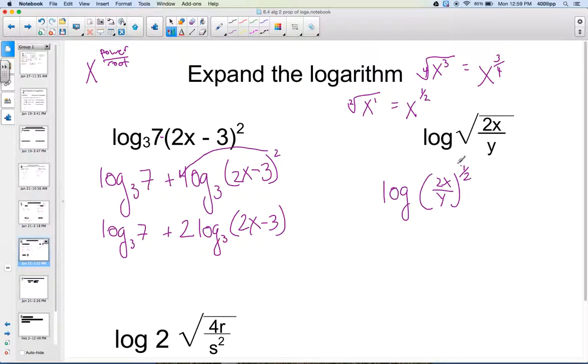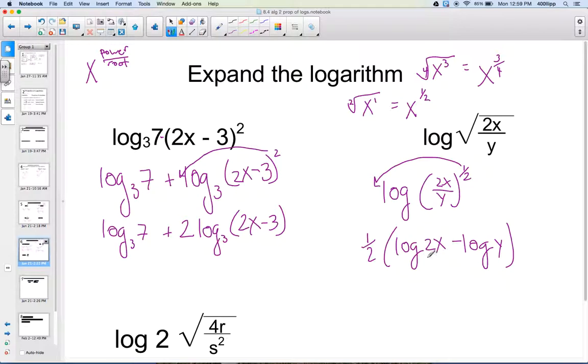So now we can bring this half to the front, and we'll have to put it in parentheses because everything is to the 1/2 power. So I'll have a half log of 2x, I'm dividing here, so minus log of y.